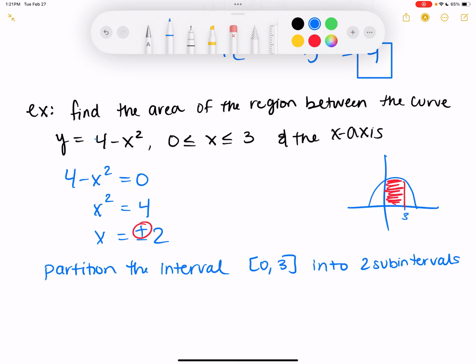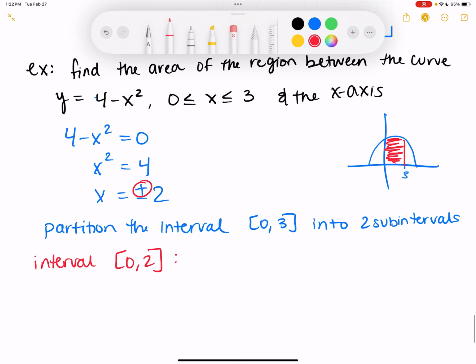So we are going to look at the interval from 0 to 2, which is the integral from 0 to 2 of 4 minus x squared dx.